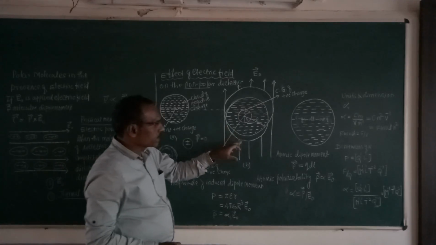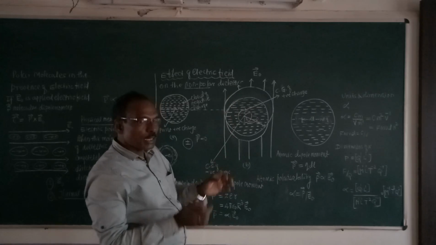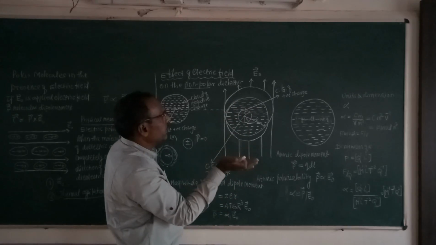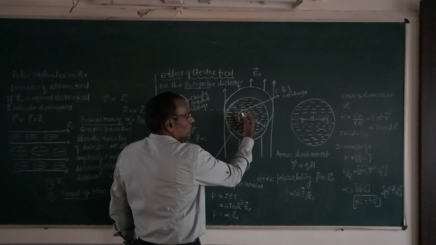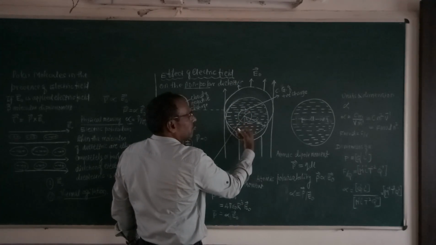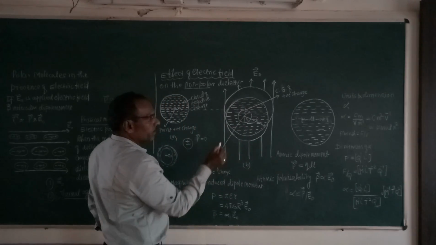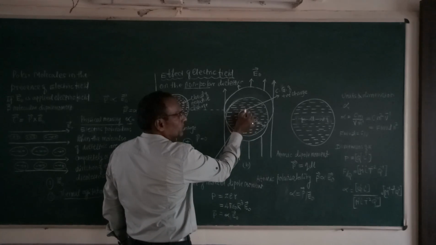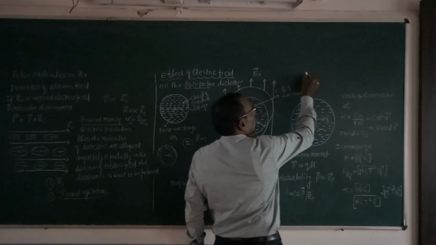In the presence of the electric field, they get displaced relatively. One moves in the direction of the electric field and the negative charge moves exactly opposite to the direction of the electric field. Anyway, they get displaced. The displacement between the two causes a dipole moment.